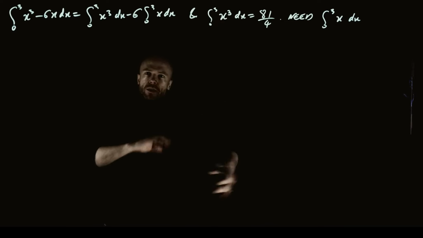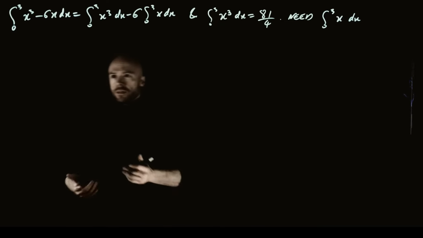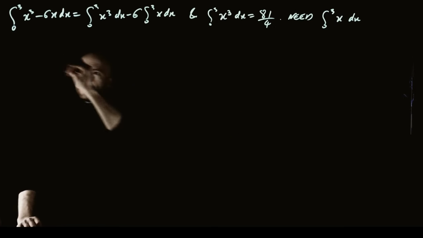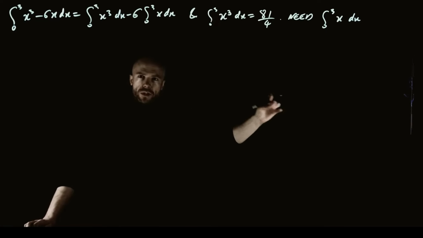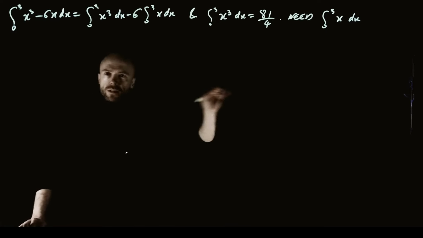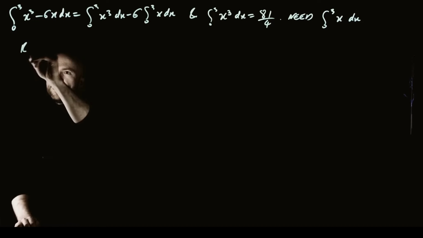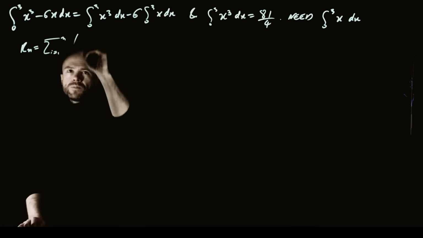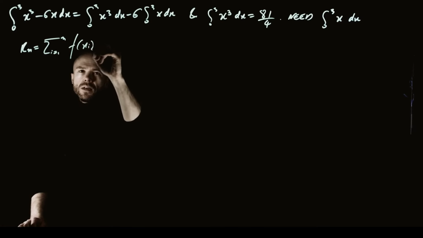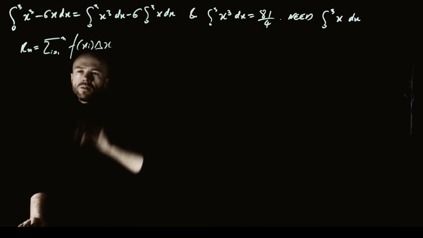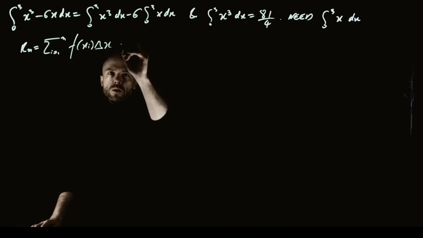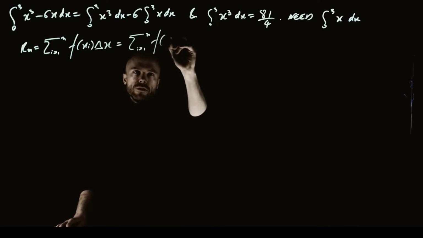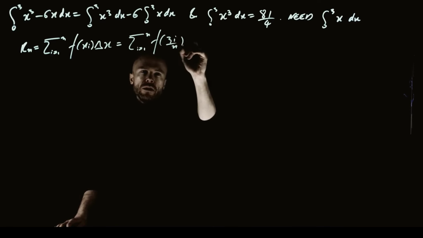But we can go directly to some part of where we were before, because recall we found out that for f with this interval 0 to 3, where we cut it up into n equal pieces and take the right endpoint approximation, Rn is the sum from i equals 1 up to n of f of xi delta x, where xi is 3i over n and delta x is 3 over n.